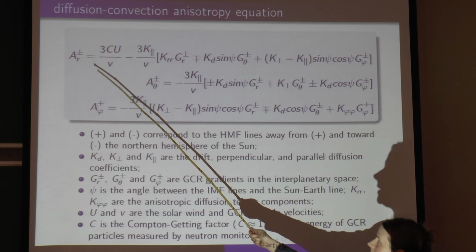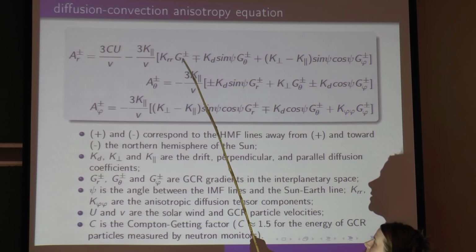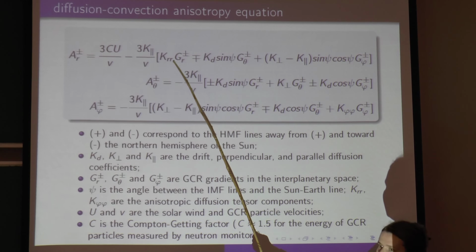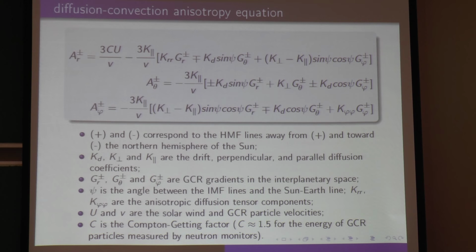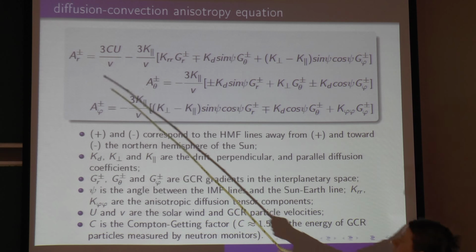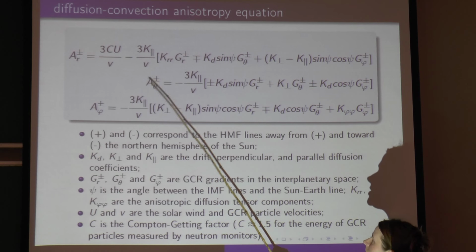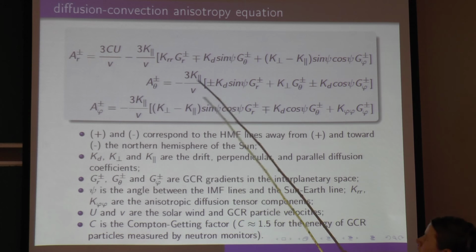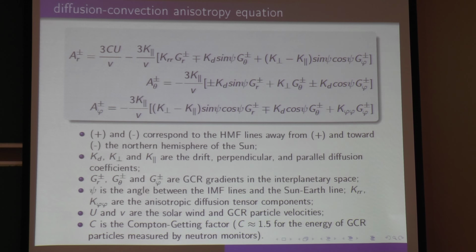This is solved for G, for K, for diffusion coefficients and gradients. So A is observation, and the right-hand side is theory. These are observations, and these are parameters which we want to determine from observation. Yes, exactly.